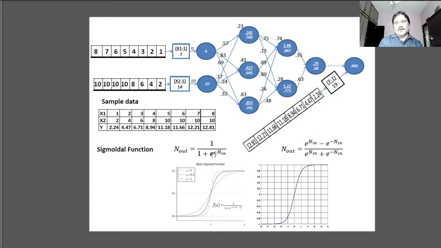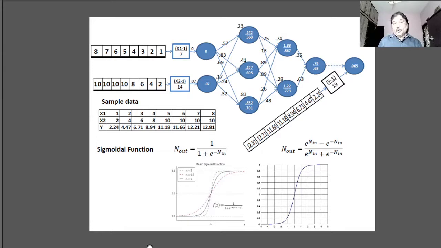Whatever be the value of n_in, meaning neuron input, may it be 500, 5000, if it is very positive, you will find that the value will be landing on the one side, or else if it is very negative, it will be landing on the zero side.